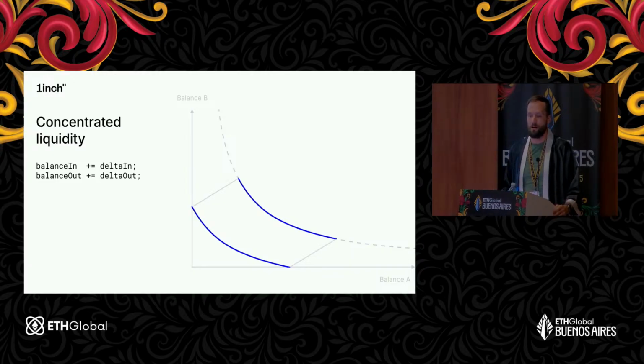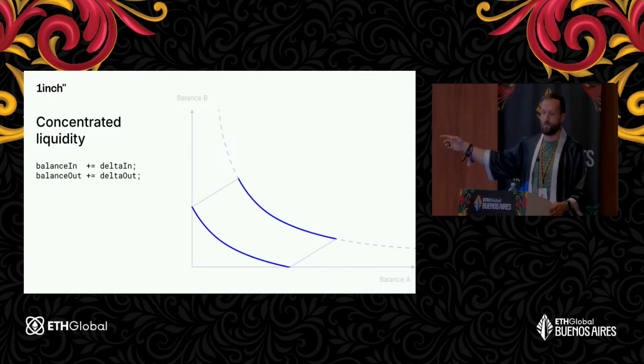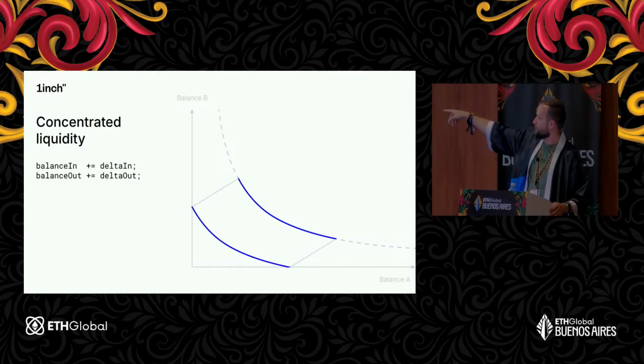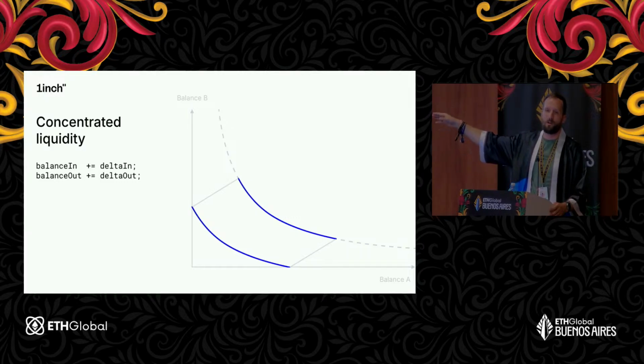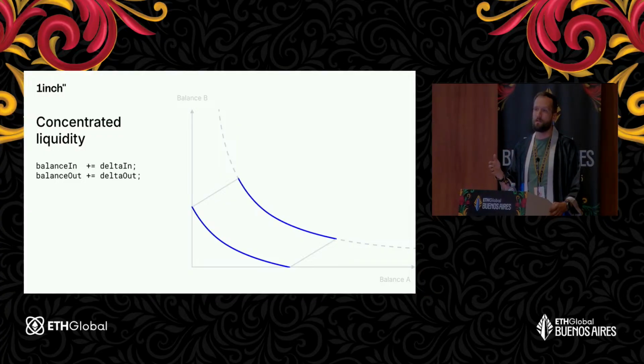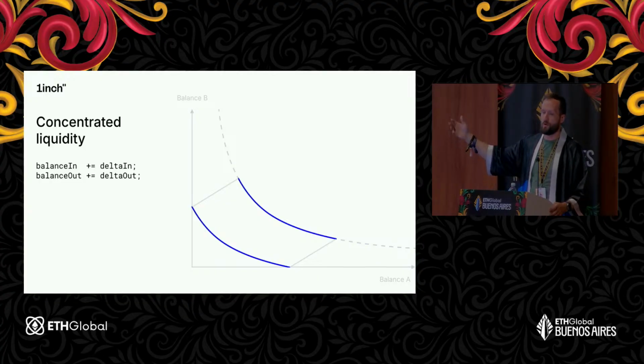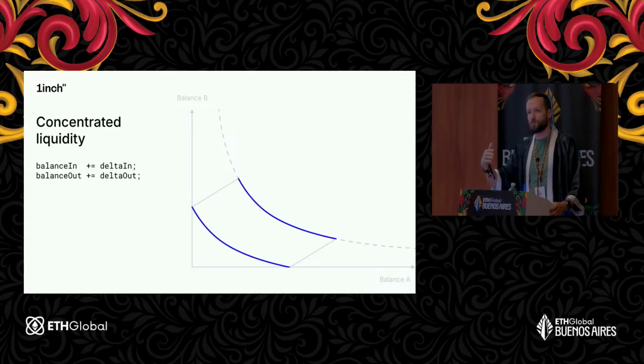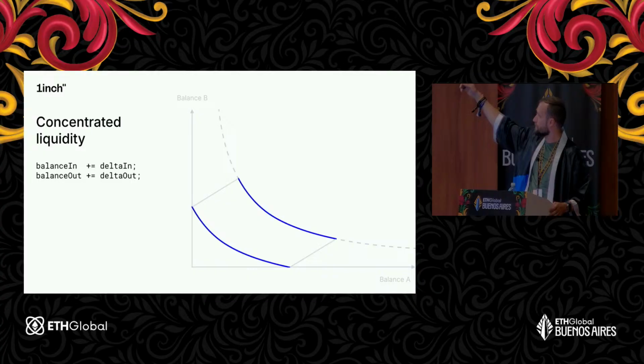And your real balances would walk on the bottom line. It will naturally prevent you from getting out of the range by draining the balance, the virtual balance. Meanwhile, virtual balances which were increased and which were used for the constant product formula would walk on this invariant.